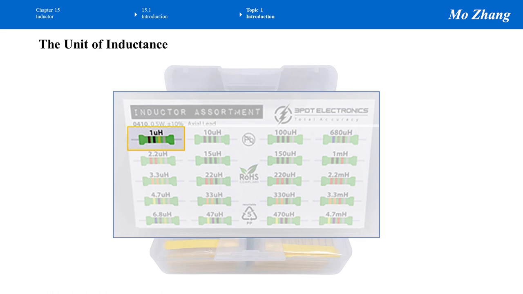Here, a 1 microhenry inductor. We have a 15 microhenry, 1 millihenry, and 3.3 millihenry inductors, and so forth. This kit is not expensive. At the time I checked the price, it was around $12 to $15.